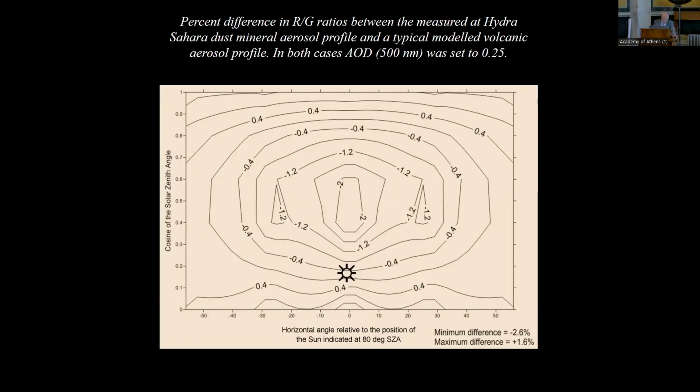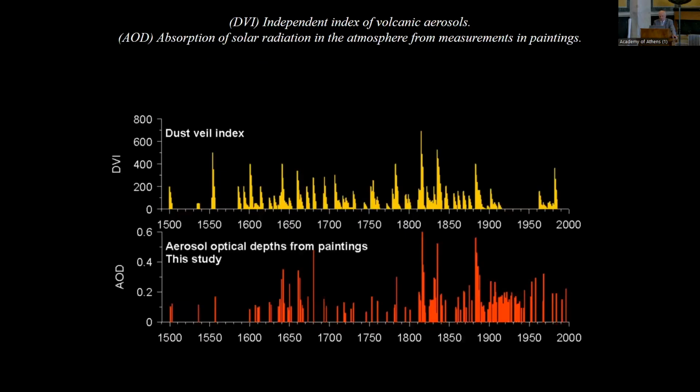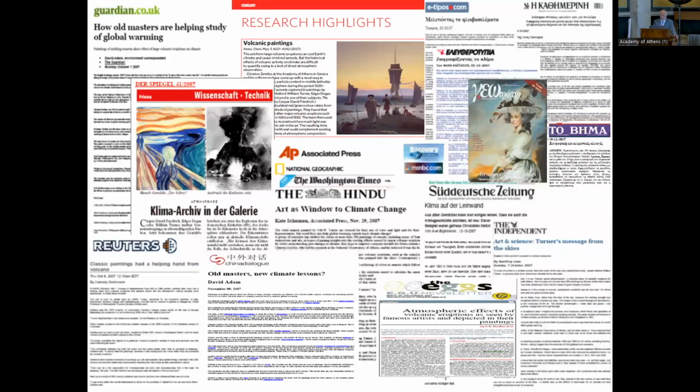These are the isopleths of the optical depths, and here is the overall estimate from all paintings we studied, 800 paintings between 1500 and 2000, and you can see that there is a nice correspondence with the dust veil index that has been used.